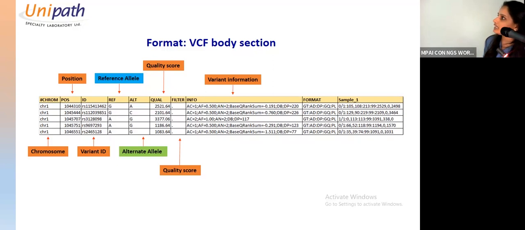But here you will see it's 1/1. That means it is homozygous. Here you have 0 reads representing the reference allele, so it's 0, and the alternate allele is 113. And that's why your total is also 113.